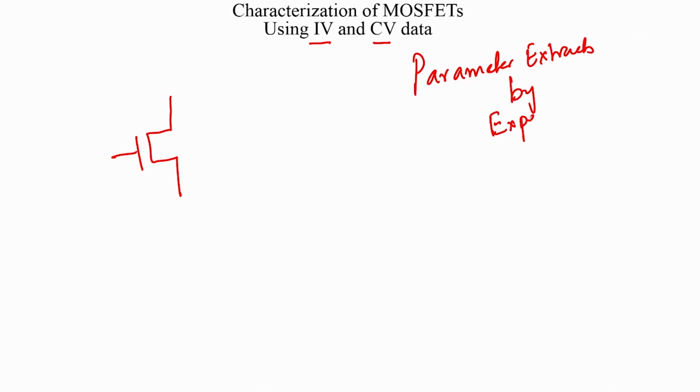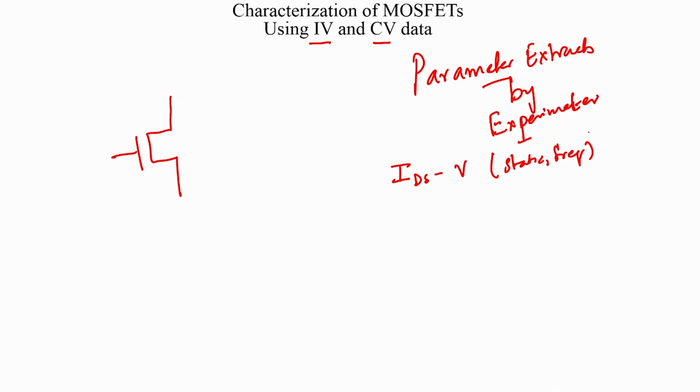Ideally, the point of parameter extraction is to be able to define your current voltage characteristics in static and in dynamic, that is low frequency and high frequency characteristics of a MOSFET, as accurately as possible.